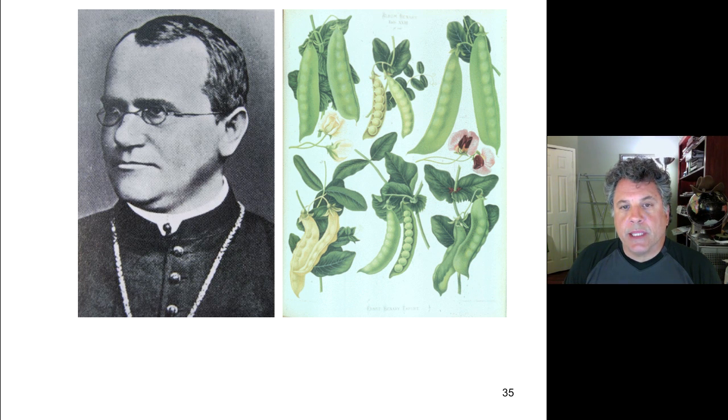So we've looked at the explanation for continuous variation, that unlike Mendel's discrete variation that he observed, the continuous variation that we often observe for phenotypes in nature can be explained by polygenic inheritance. And also, unlike Mendel, who looked at basically two alleles for a given gene at a time, there can be many alleles at a given gene.